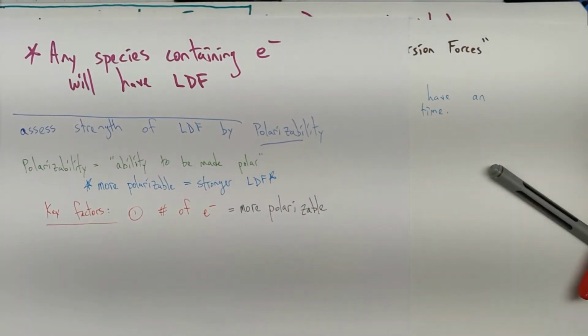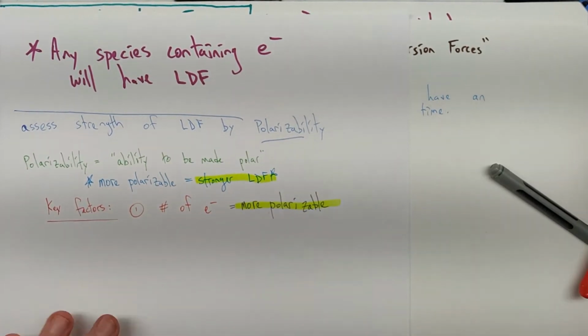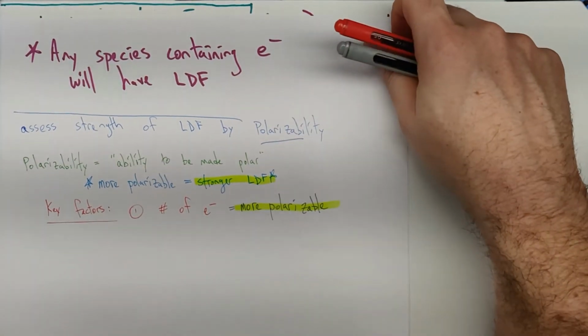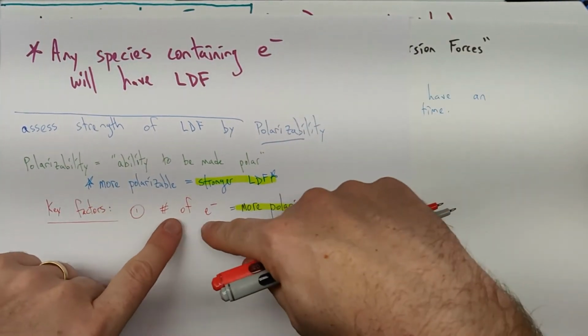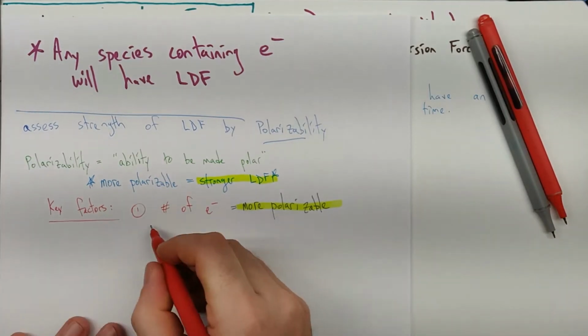And what does more polarizable mean? It means stronger London dispersion forces.